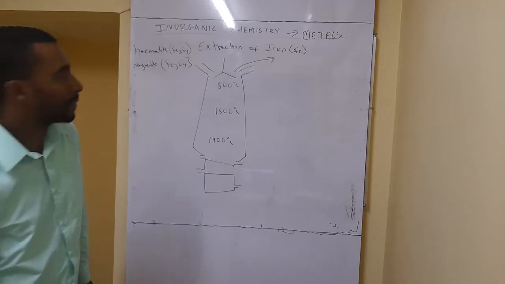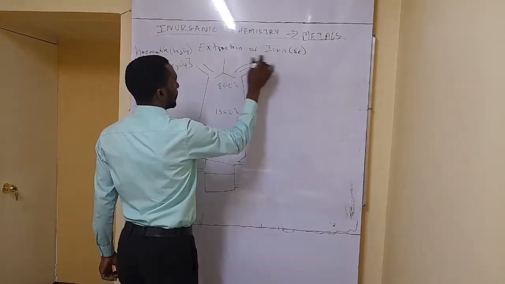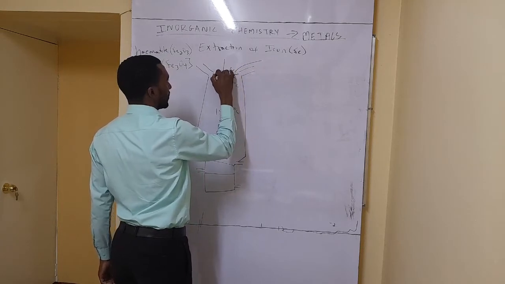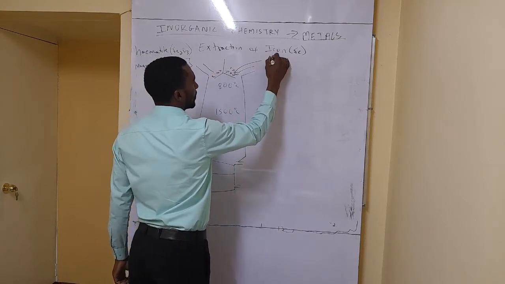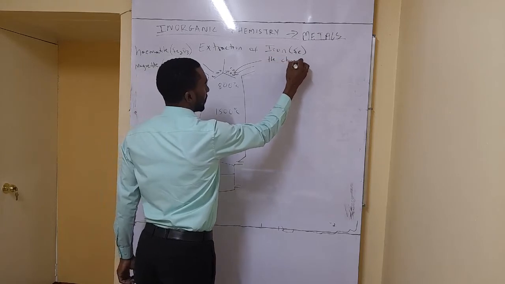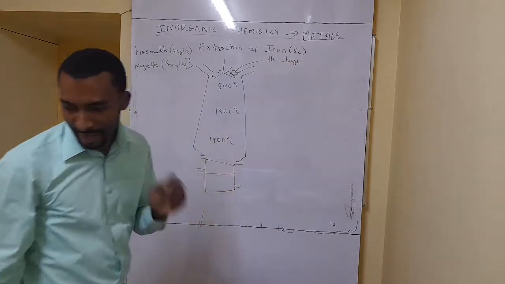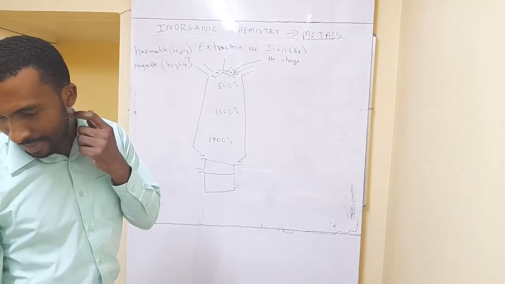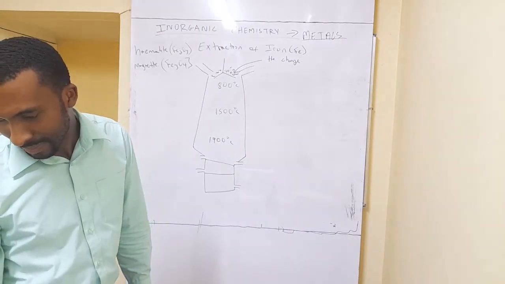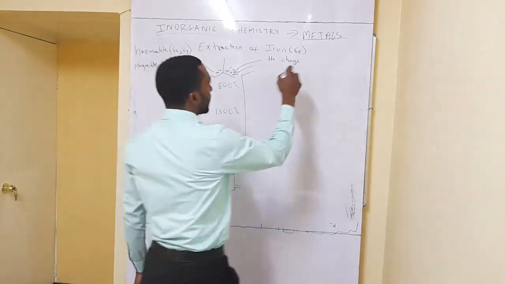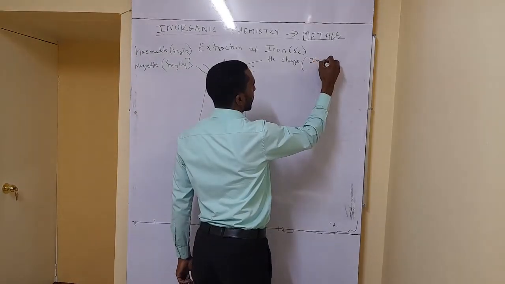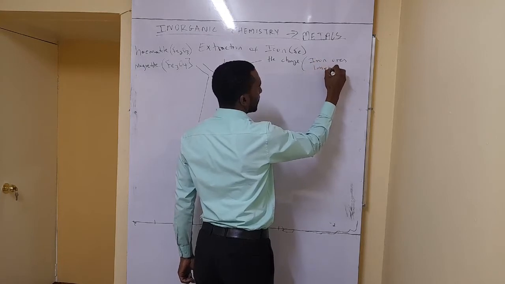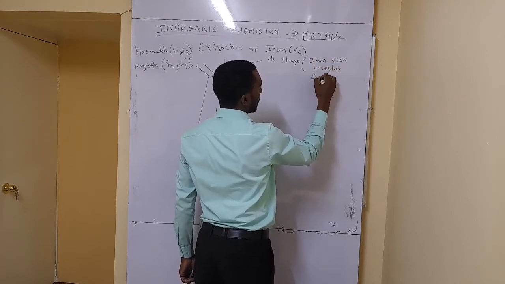At the top, we normally introduce what we call the charge. And what is the charge? I'm going to tell you in short. It's basically the iron ore, limestone, plus carbon.